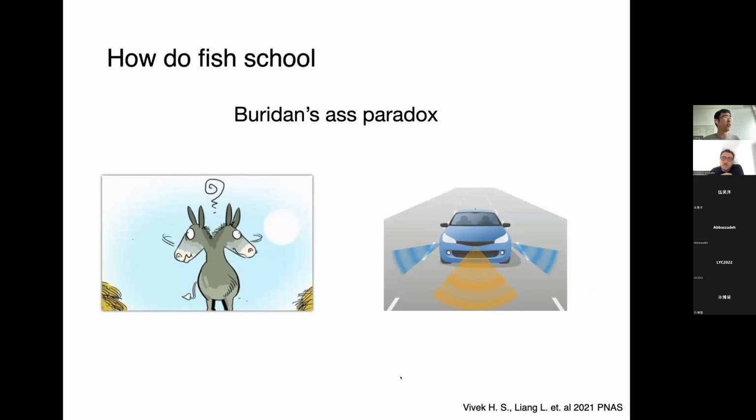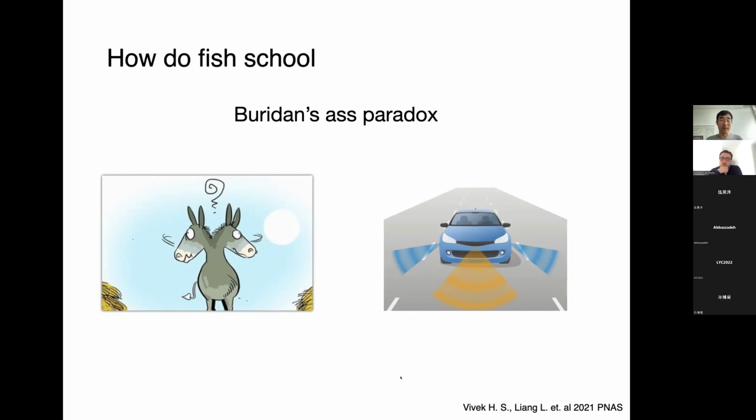So the donkey has no reason, no bias, or no signal to choose which one to eat first. Then the donkey spends a lot of time thinking about it. And the more time she thinks, the hungrier she will be. And finally, she might die there.